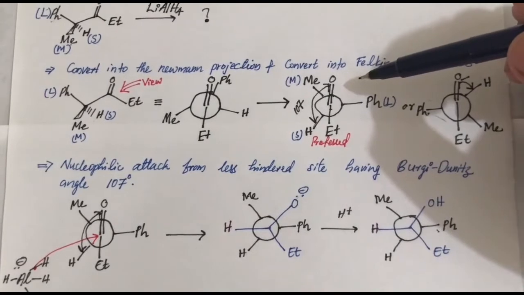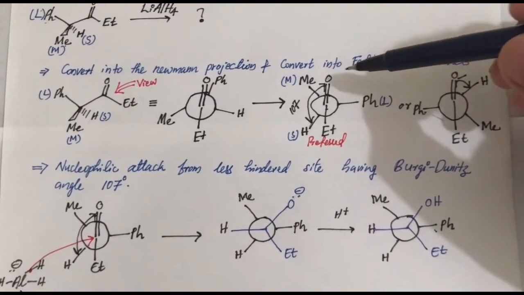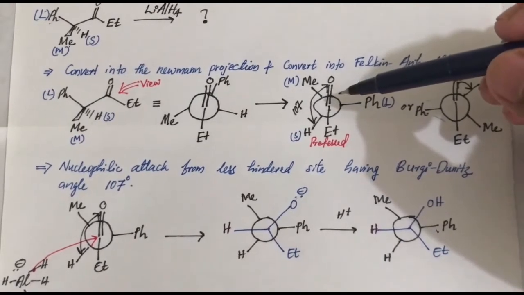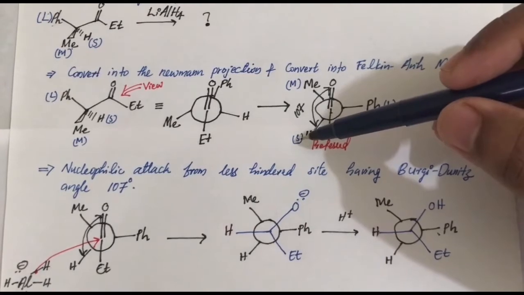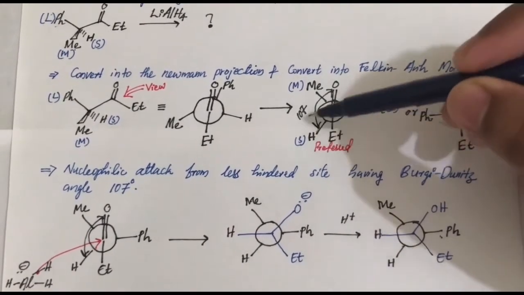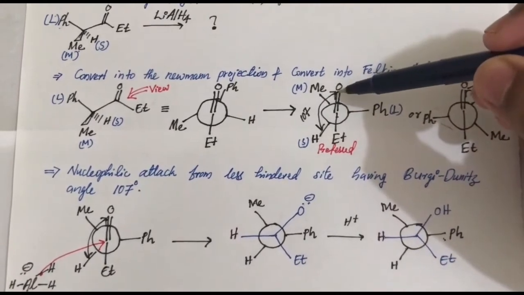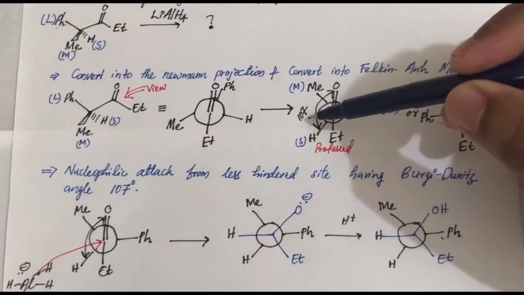They are attributing that nucleophile approach takes place in such a manner that the bond angle between the smallest substituent and the carbonyl compound should be greater than or equal to 107.